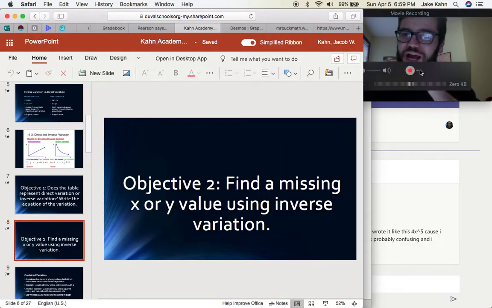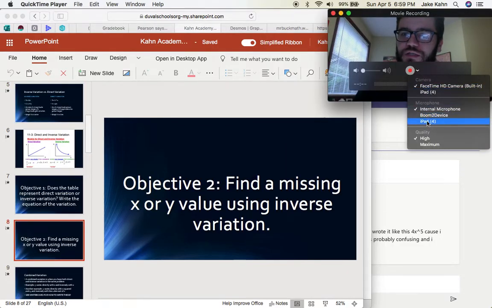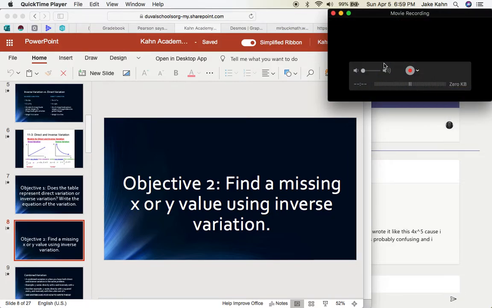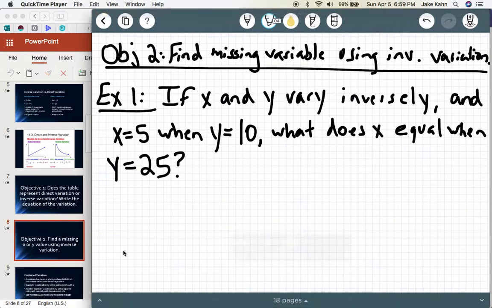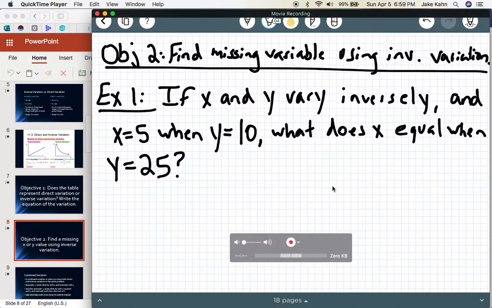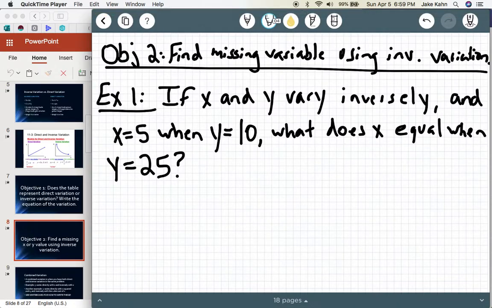I'm going back to my iPad and we're going to run through some of these problems. Okay, so objective 2, find the missing variable using inverse variation. Example 1 says, if x and y vary inversely, and x equals 5 when y equals 10, what does x equal when y equals 25?